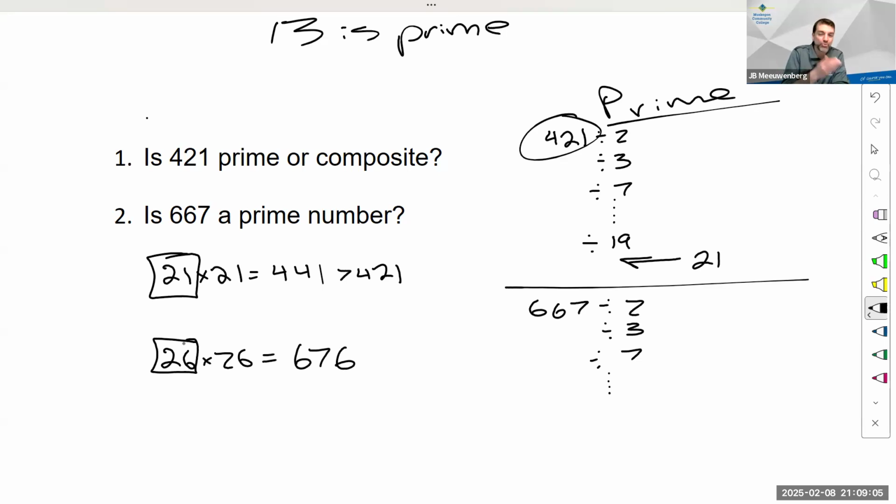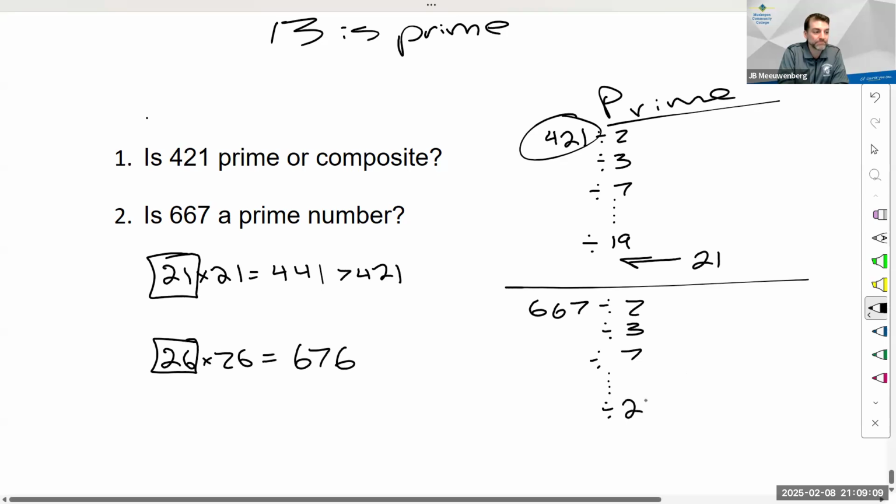So what's the last prime number before 26? 23. And if you divide 667 by 23, you get 29. 23 and 29 are factors of 667, which means 667 is composite.